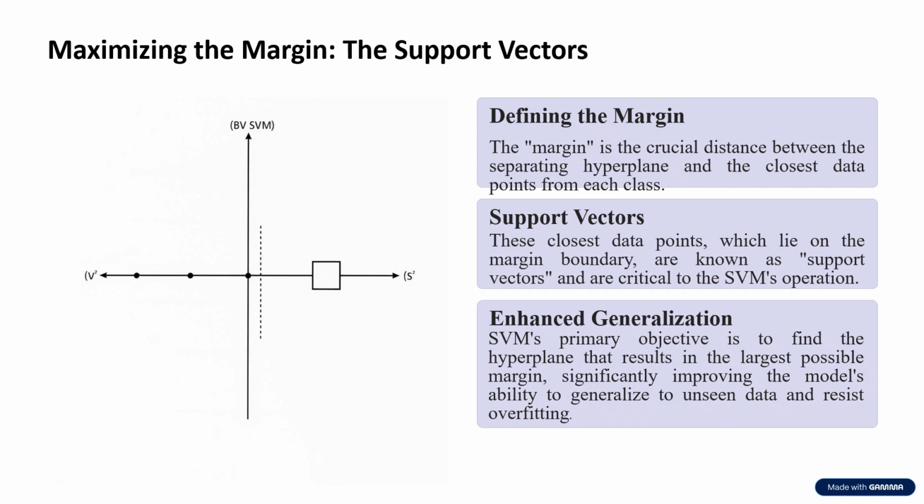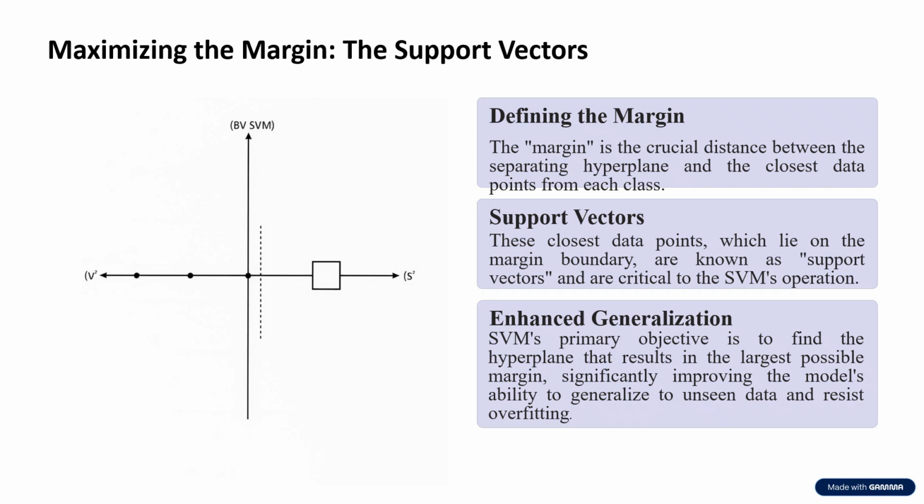The distance to the data points which are very close to the line, plane or hyperplane is called the margin. What is a support vector? The closest data points which lie on the margin boundary. The data points very close to the margin we draw are known as support vectors.